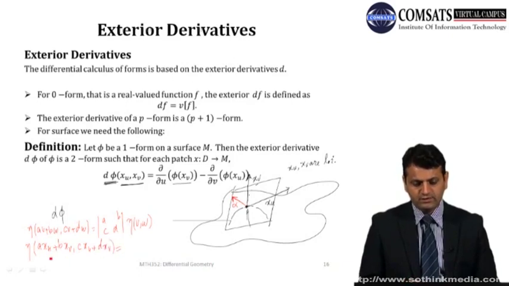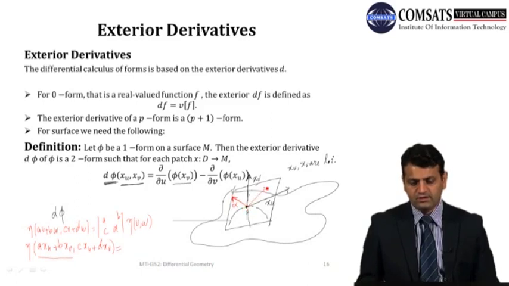So any element will be a linear combination of xu and xv, and if alpha and beta are two elements, then we can write alpha and beta as a linear combination of xu and xv, and this is equal to ad minus bc eta of xu and xv. So we just need to know this value. So we are just interested in this value, or in other words, if this is a two form, then what is its value on this pair of bases.